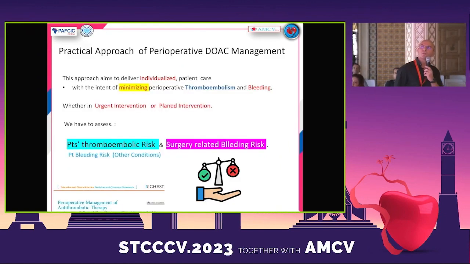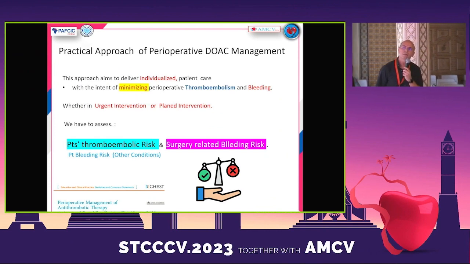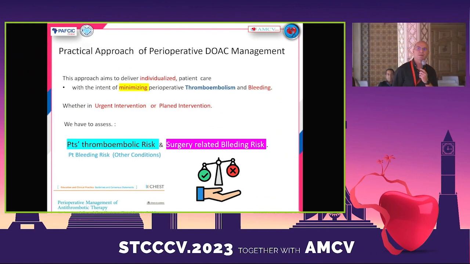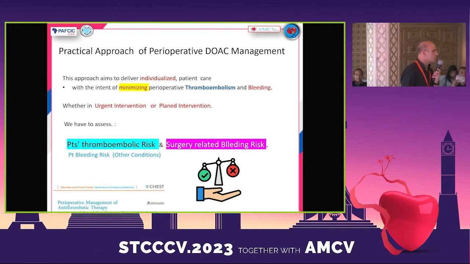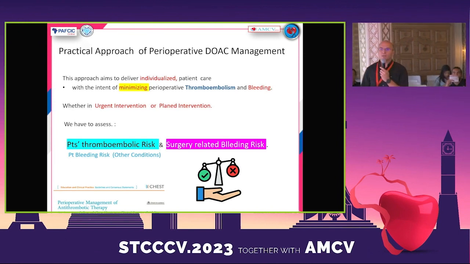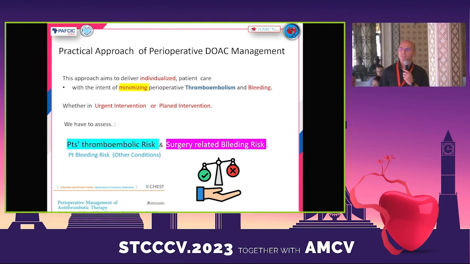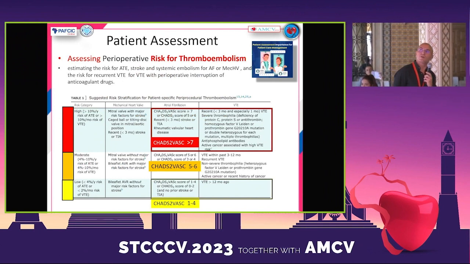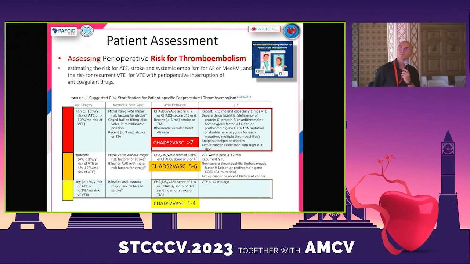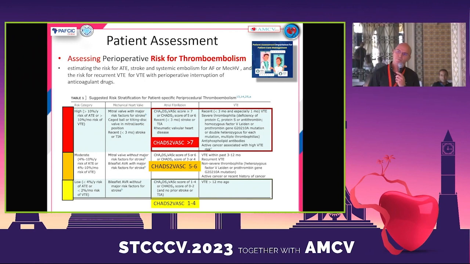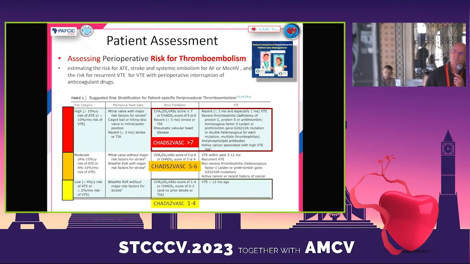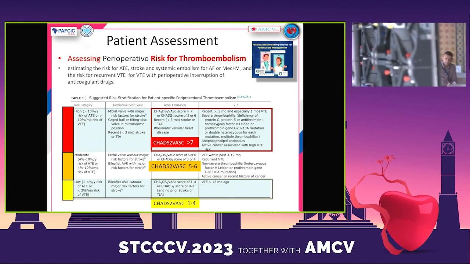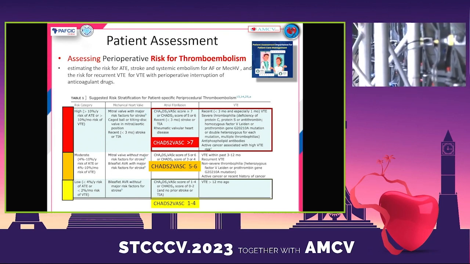The practical approach to management will try to minimize perioperative thromboembolism and bleeding, whether the surgery is urgent or planned. We have to assess the patient's thromboembolic risk and the surgery-related bleeding risk. First, the patient's thromboembolic risk assessment. Here we have the ESC guidelines. The patients are classified in three types: high risk with more than 10%, moderate between 4 and 10%, and lower than 5%, which is low risk.